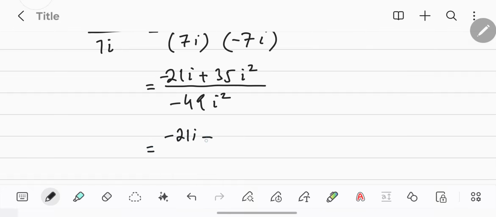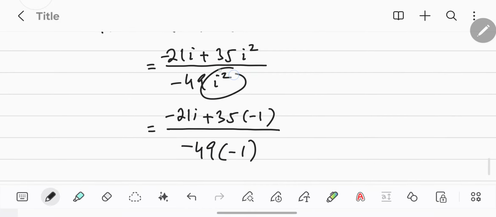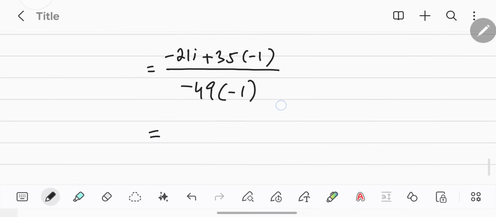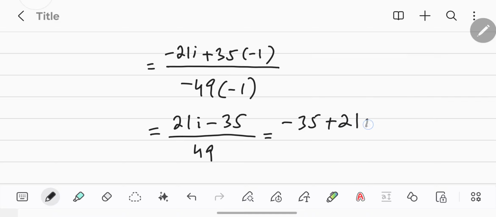Negative 21 iota plus 35, because iota square is minus 1. Negative 49 times minus 1, because iota square is again minus 1. 21 iota, negative 35 over 49. Okay, because minus is plus. I can write the real part first, imaginary part then. So negative 35 plus 21 iota divided by 49.